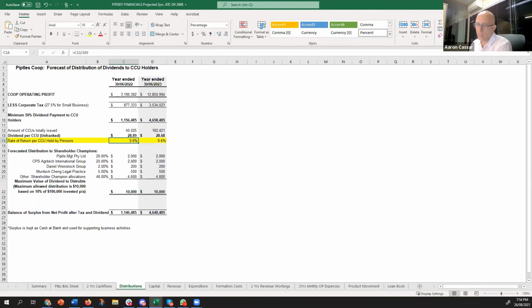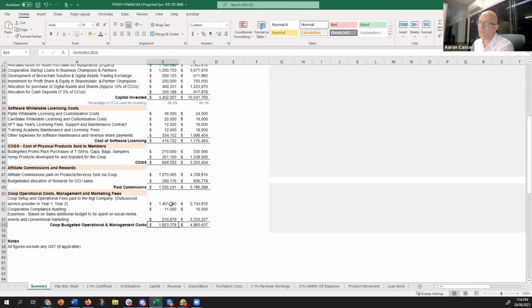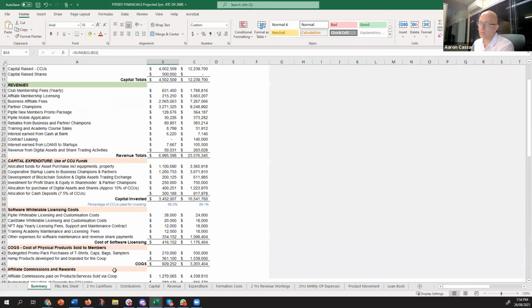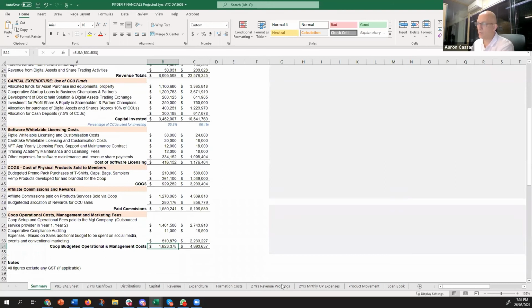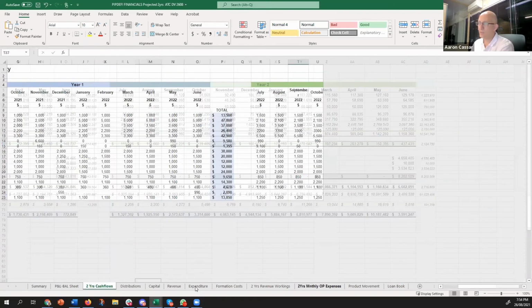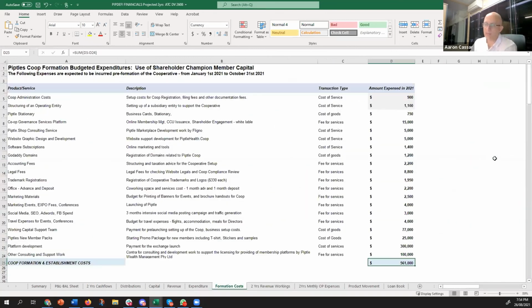All right. So as you see here, these are our financials for the cooperative and how many members we're targeting, etc. Balance sheets, cash flows, quite detailed, all the things that are involved in doing a submission. But that's all been done.